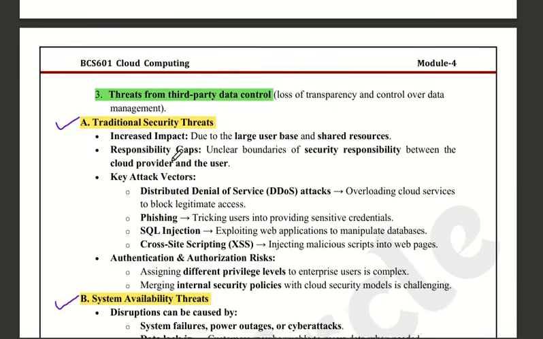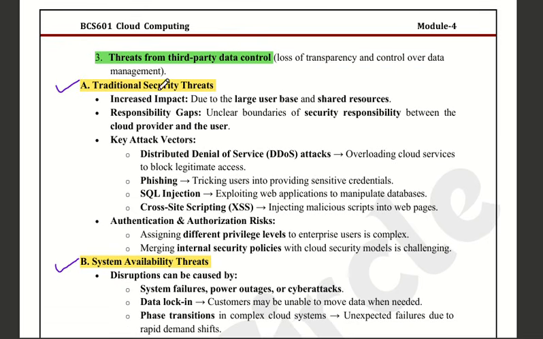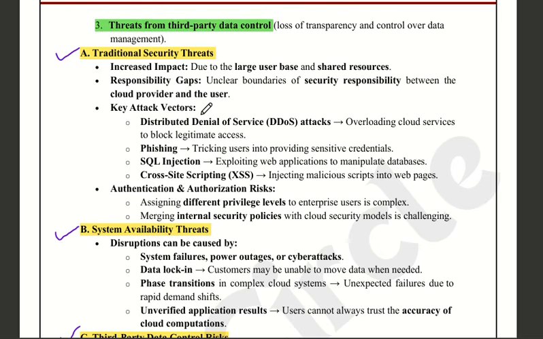Traditional security threats. In this first one, you know why it has an increased impact? Due to the large user base and the shared resources. So in the traditional security threats, the large user base and shared resources create the impact. For that reason, it exists. And the key attack vector is distributed denial of service, that is DDoS attacks.